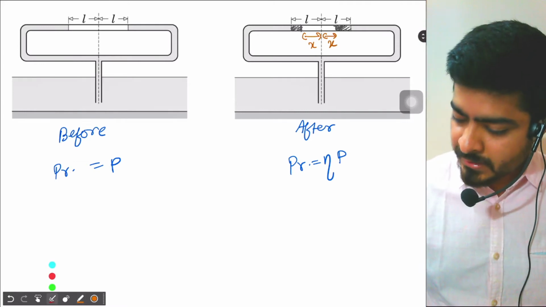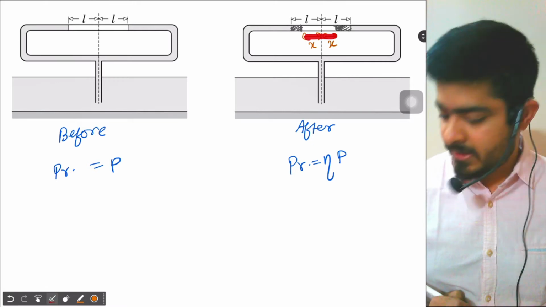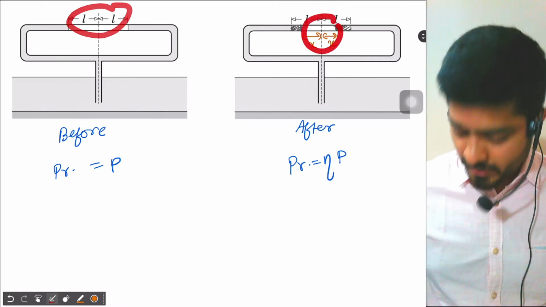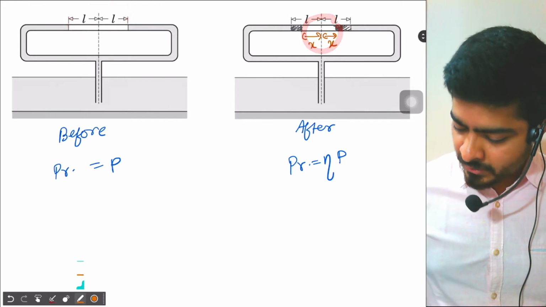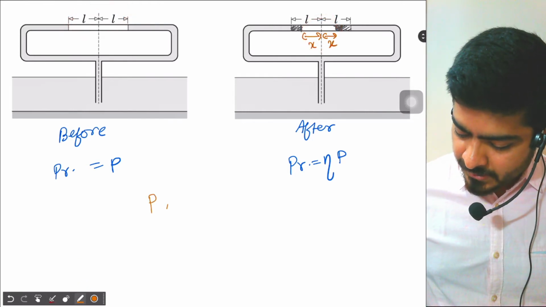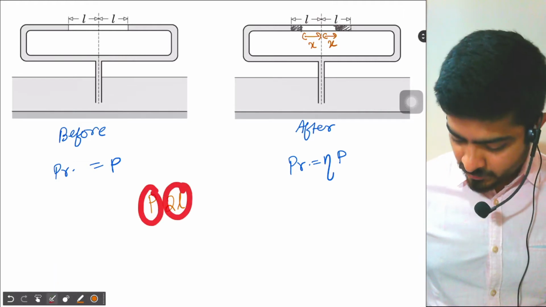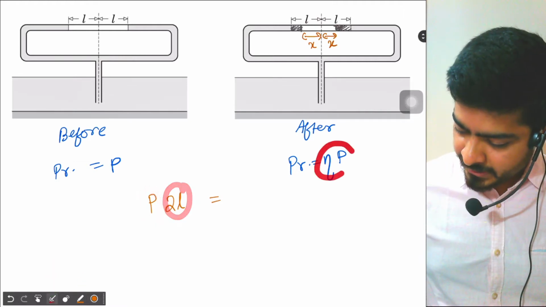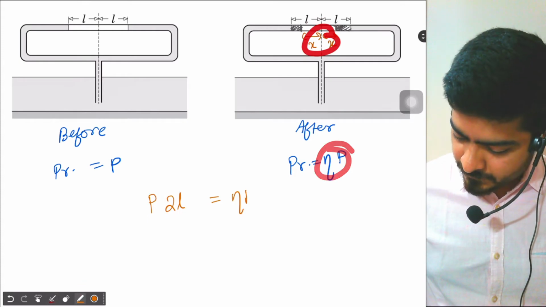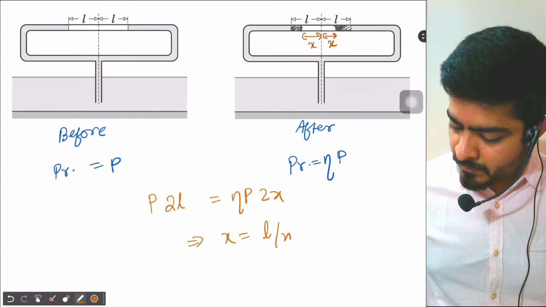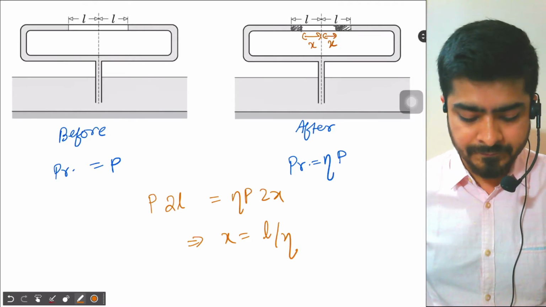So this is your total length now, 2x, let's say. Initial volume is 2L, final volume will be 2x. So apply the condition for isothermal: P times 2L, initial pressure into initial volume, equal to final pressure eta P into final volume 2x. From here we will get x is equal to L by eta.